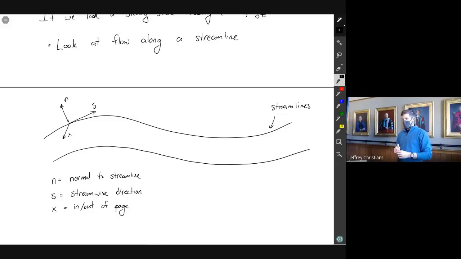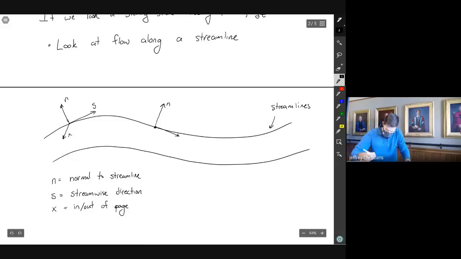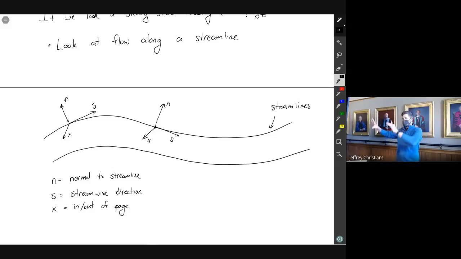So our fluid particle is moving at that point. That's where the axes are going to be. As it moves to a different point, though, our axes are going to shift and move with it. So if we watched our particle at this point here, now our normal direction is going to be pointing in that way. Our streamwise direction is now pointing down there, and X is still pointing in and out of the page, but that all rotates along with it. So we're going to attach the axes to this particle, and they're going to shift and move as it moves through the flow.